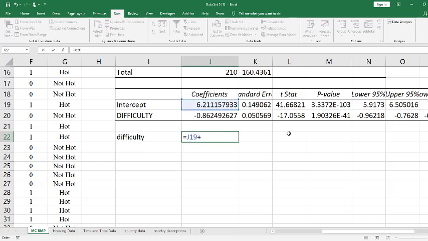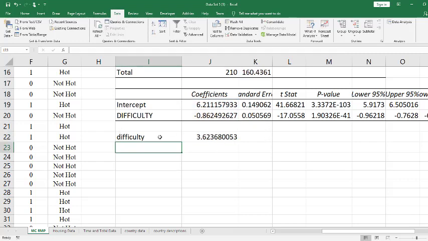We would take the intercept, add in the coefficient times 3, and we get about 3.6. We'd expect a professor to have about 3.6 for their quality.